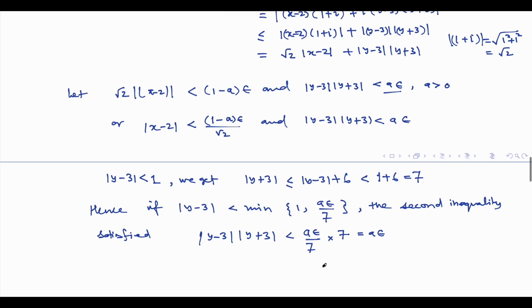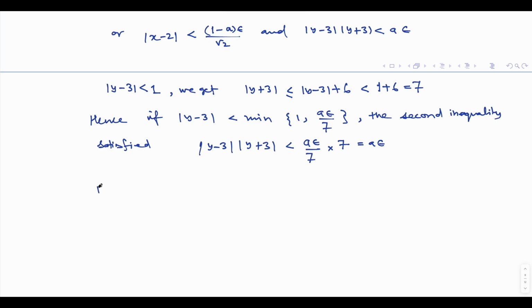Okay. Now, if you see, (1 minus a) epsilon divided by root 2 is equal to a epsilon by 7, right? Which implies, after solving this, I'm going to get a as 7 upon 7 plus root 2.